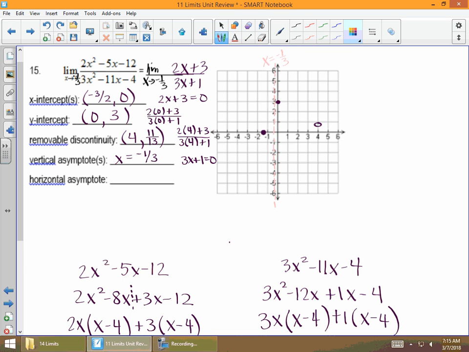And our horizontal asymptote we get from the relationship between the top and the bottom. Since we have the same degree on top and bottom, we're going to take the leading coefficients. And whether we go from our original function or what we get after we cancel, it's y equals 2/3.